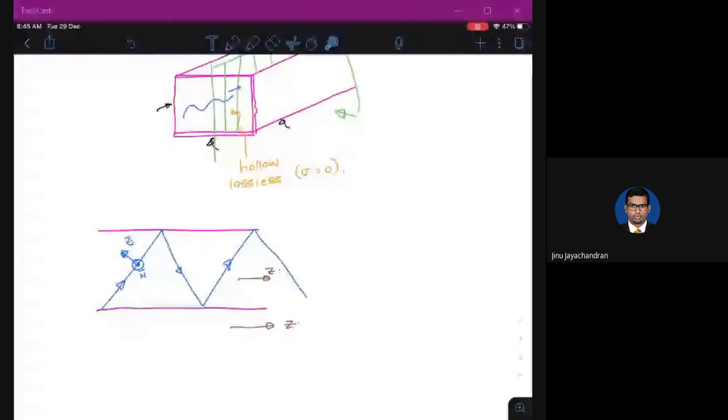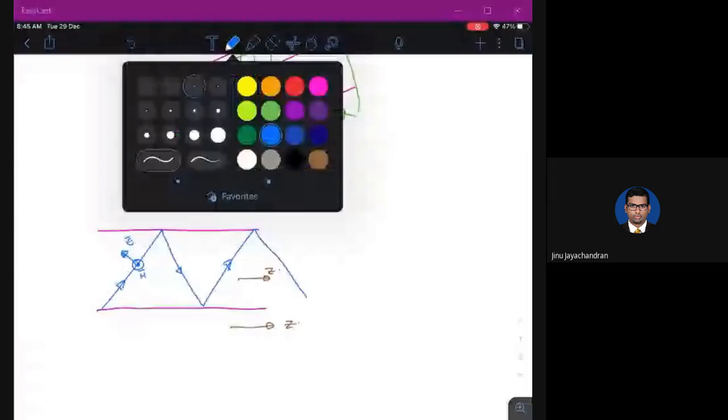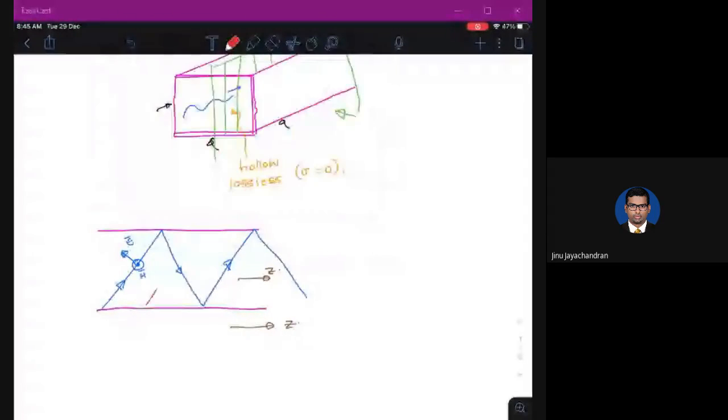In a similar manner, it is possible that the wave which is propagating inside might have the H. Let's say I have a different wave like this. Now it is possible that this wave will have E like this and H like this.